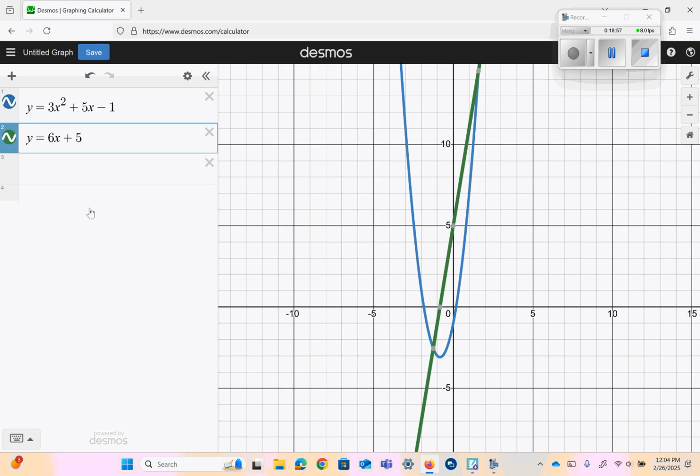At -0.833333, that value is the same value x-wise as this value down here, the minimum. So right there is the vertex of this parabola.